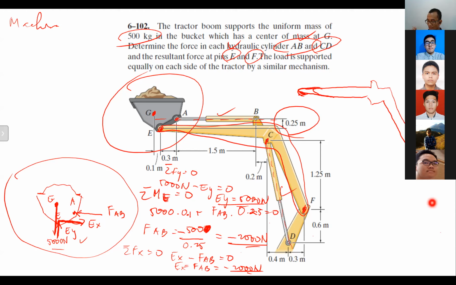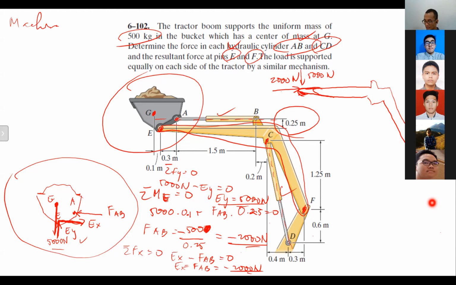EX there is going to the left, 2000 newtons, and EY is going up, 5,000 newtons. Because it's action and reaction, EX and EY here are supposed to be the opposite direction. So EX here is 2000 newtons to the right, and EY there is going down, 5,000 newtons. Do you get it? Yes, because it's action and reaction.